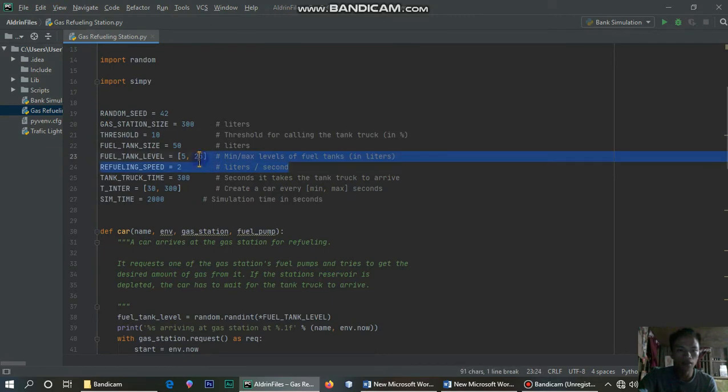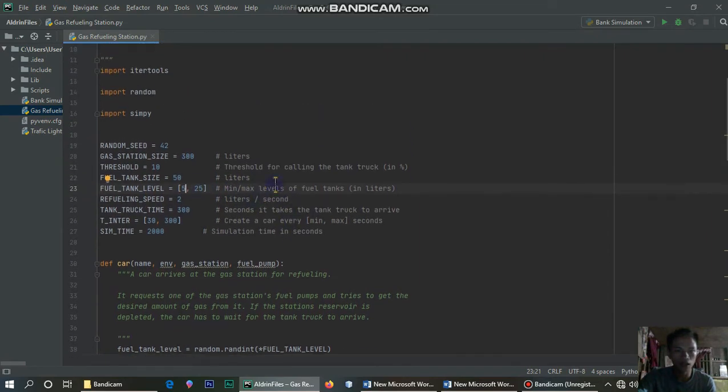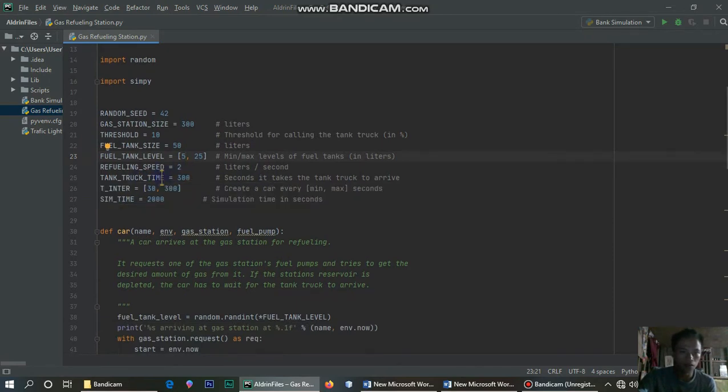Then the fuel tank level is a minimum of 5 liters and a maximum of 25 liters. The refueling speed is 2 seconds per liter. The tank truck time is equal to 300 seconds, which is how long it takes the tank truck to arrive.